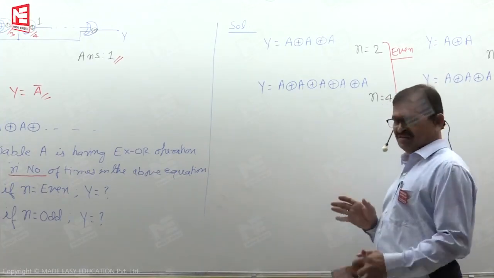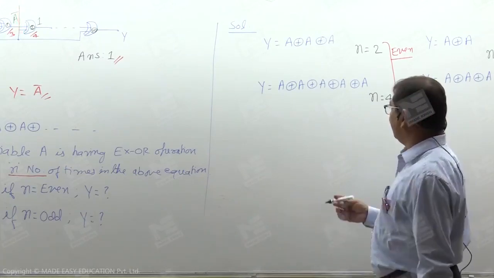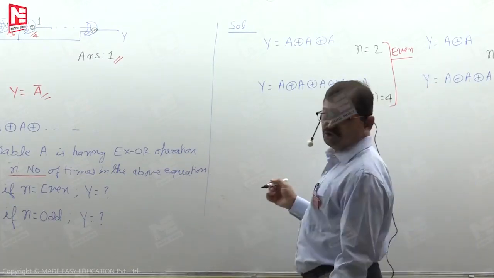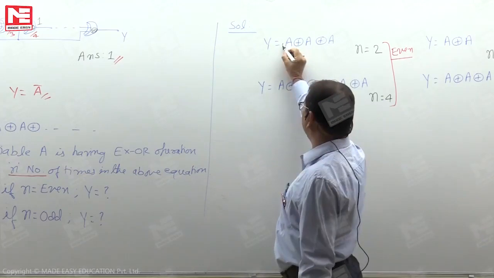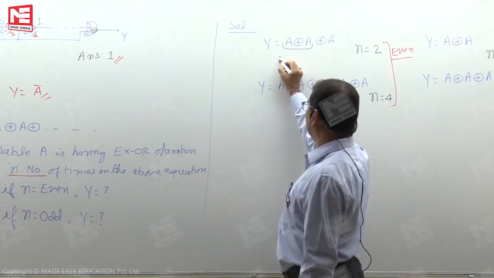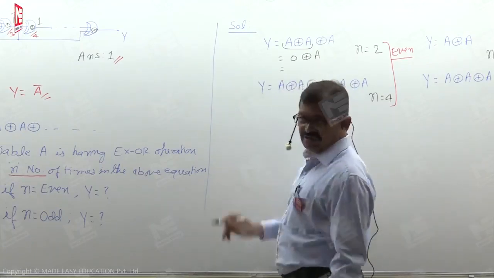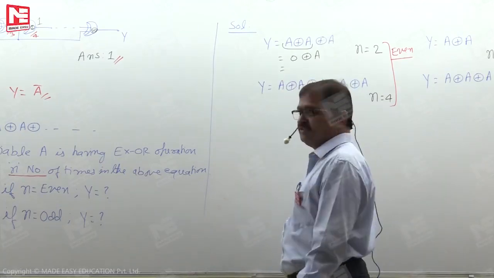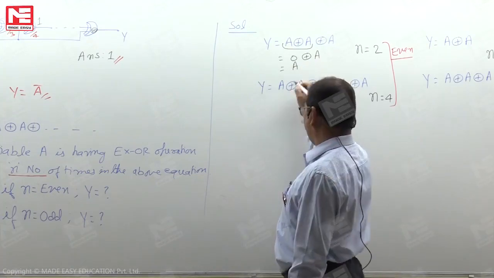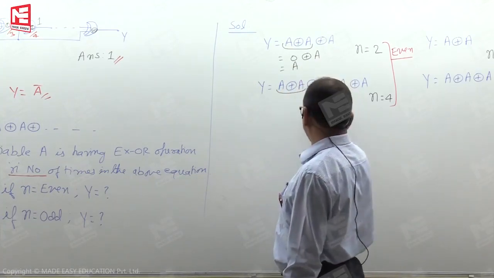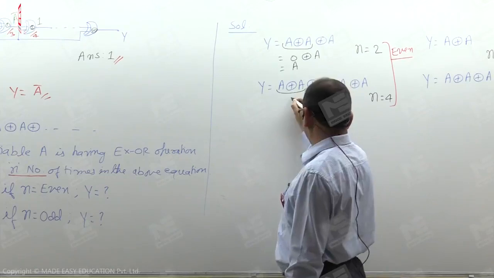Anyway, if you look here, associativity is valid on exclusive OR operation. A exclusive OR A we can read first. It is 0. Then 0 exclusive OR A. All these we discussed while discussing the truth tables. It is A. And similarly here, A exclusive OR A we can read. It is 0.